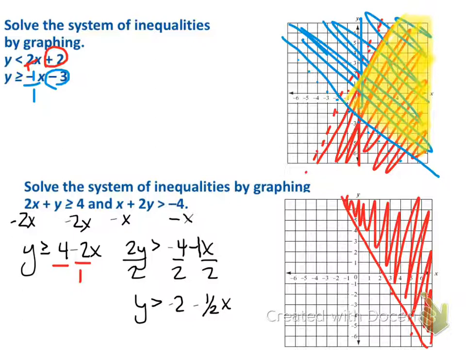And the second line, I'm going to change colors again. Having two colors when you're graphing these inequalities really makes things a lot simpler to be able to see where they're overlapping. Alright, so we're starting at the y-intercept of negative 2, and we're doing a negative slope, down 1 over 2. And notice this one does not have an equal sign, so this is going to be a dotted line.